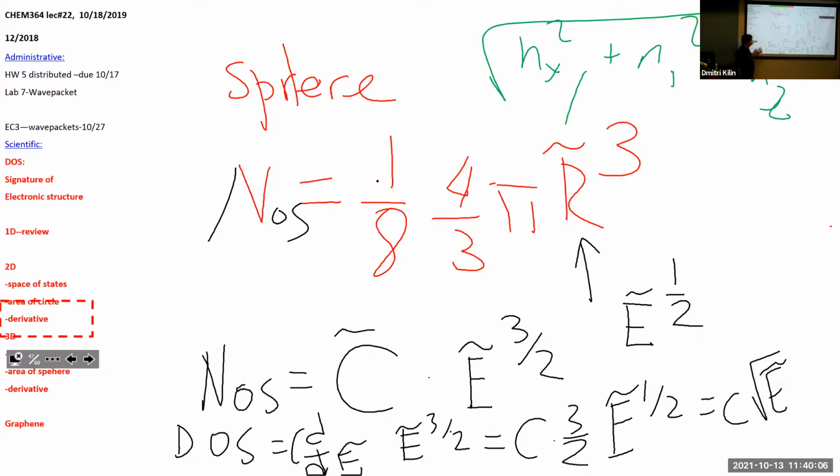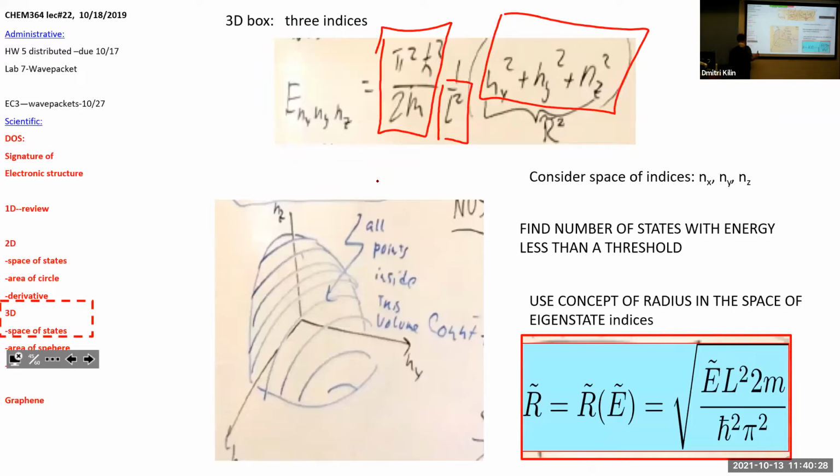So we can express the number of states as a formula for the volume, and the radius is to the power 3, right? But originally, the radius on our previous slide, I'm going to flip back, energy was to the power 1/2.